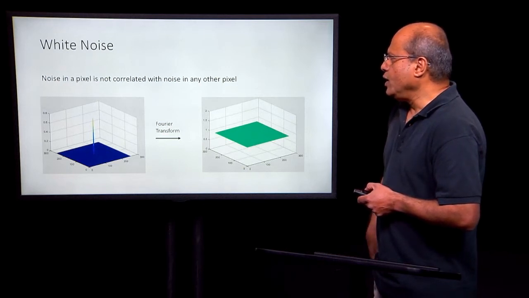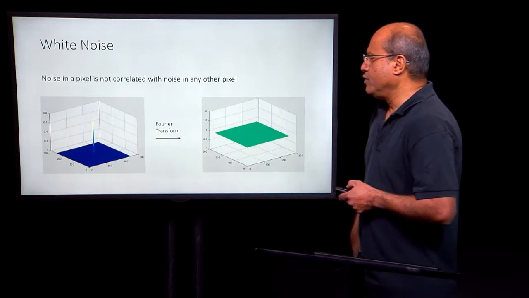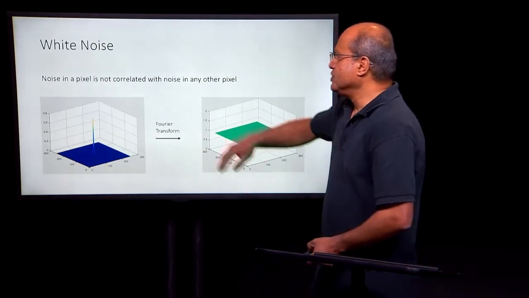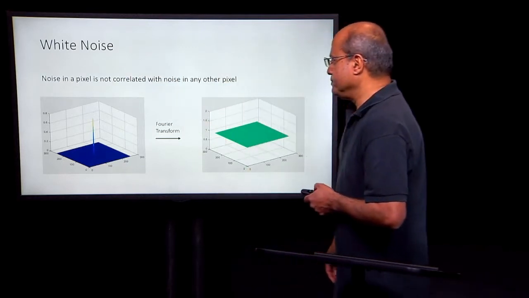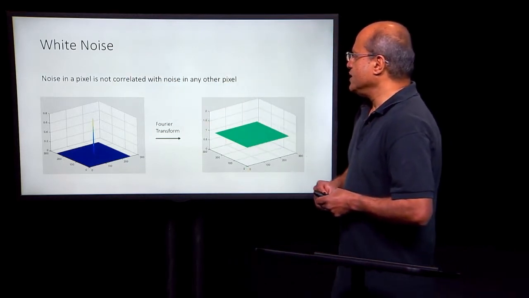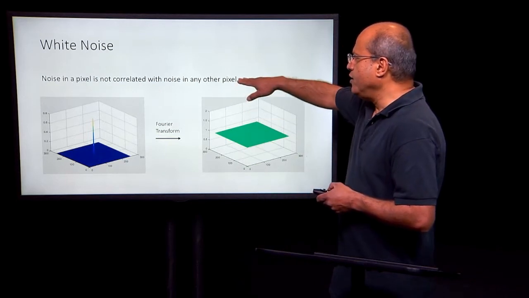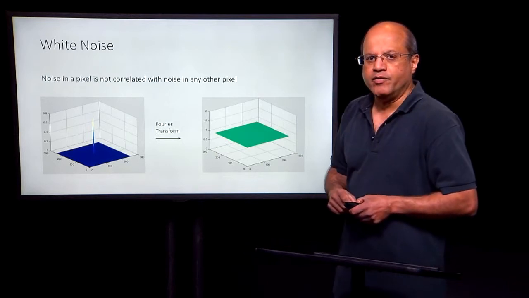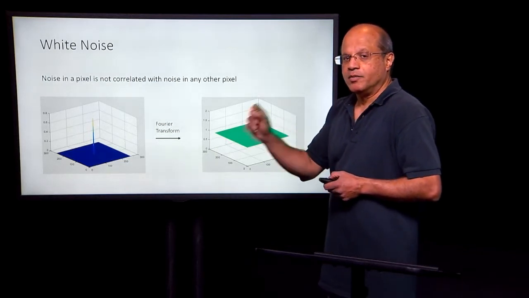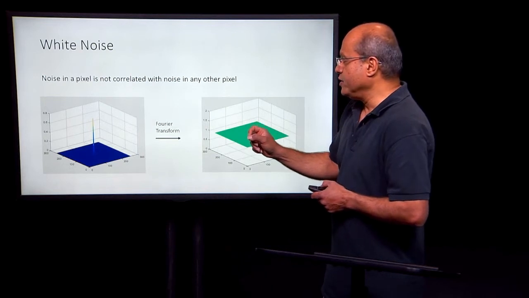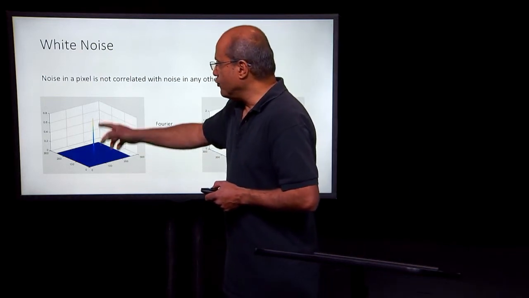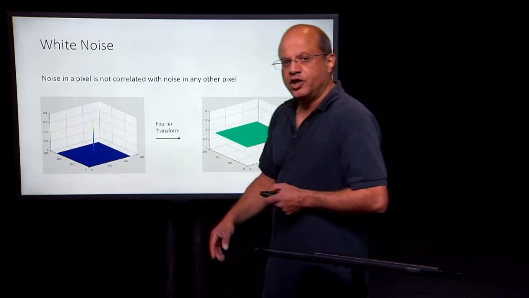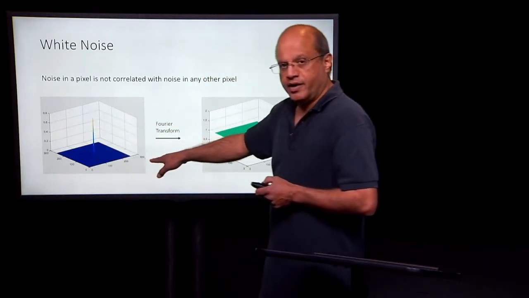Okay. With that, I think we can introduce a terminology that's used very often in modeling noise, which is this idea of white noise. So white noise is simply noise in an image where every pixel is completely uncorrelated with every other pixel. The noise at every pixel is completely uncorrelated with noise at any other pixel. The autocorrelation function, when you have that condition, is simply a large spike at 0 and then 0 everywhere else.